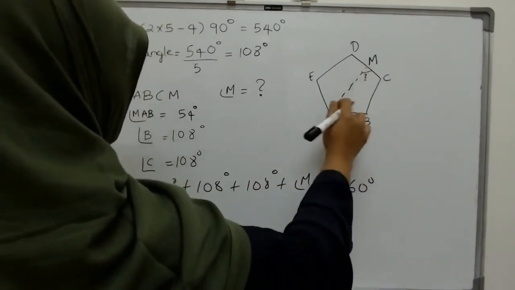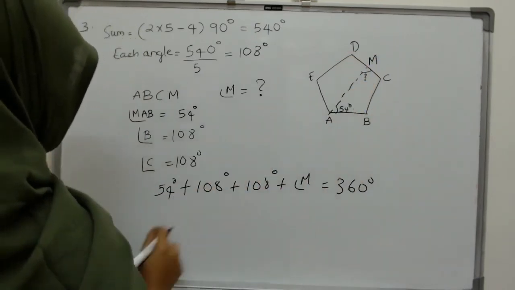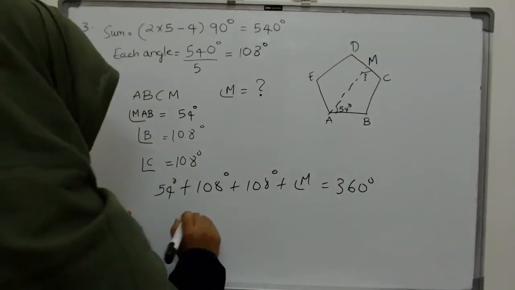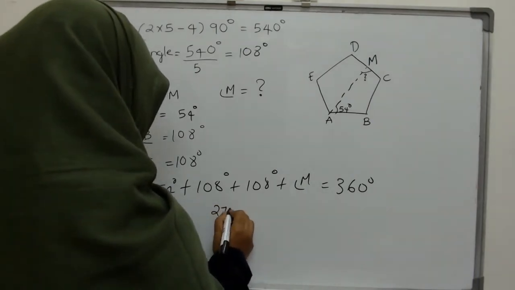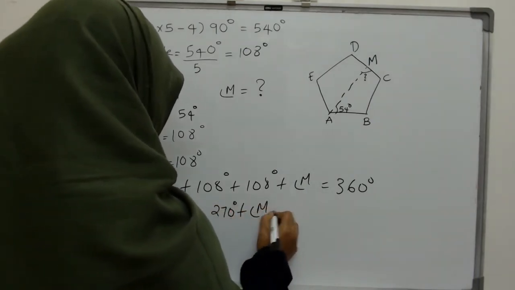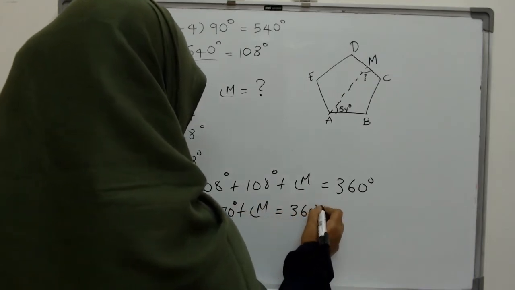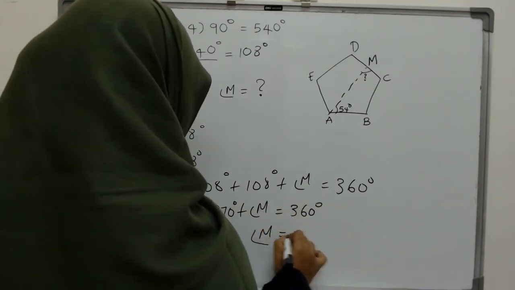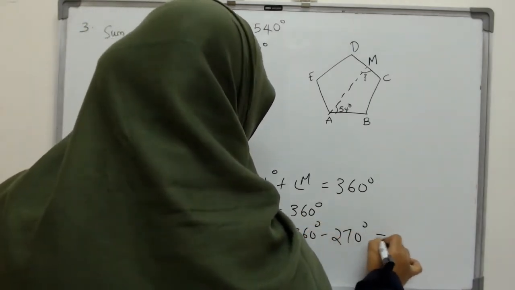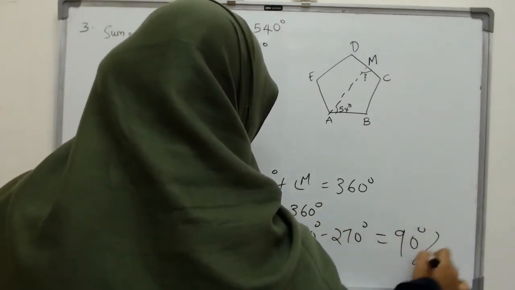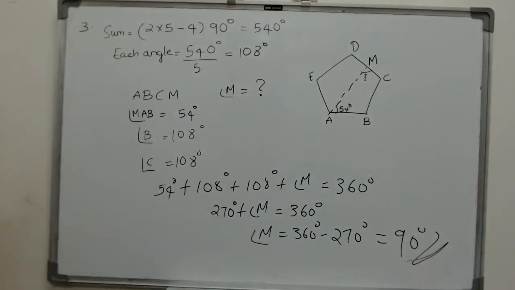All of this added gives 270 plus angle M is equal to 360. That means angle M is 360 degrees minus 270 degrees, which is 90 degrees, which is a right angle. Now let's go to the next question.